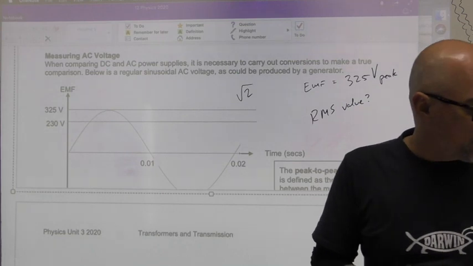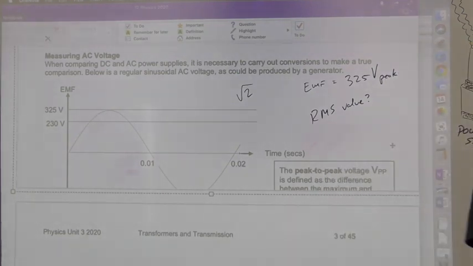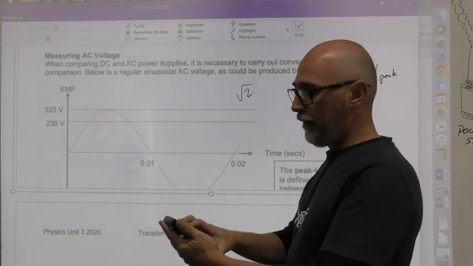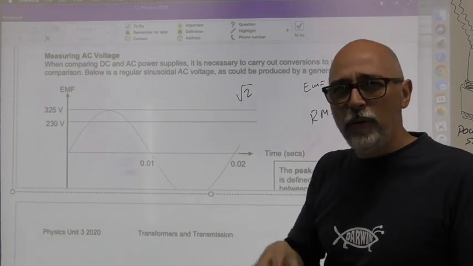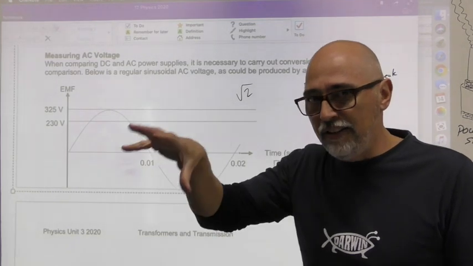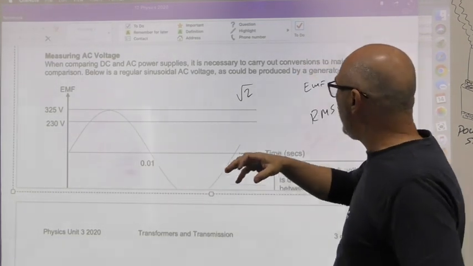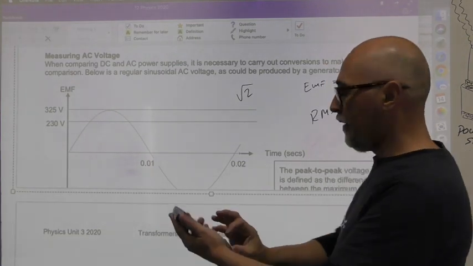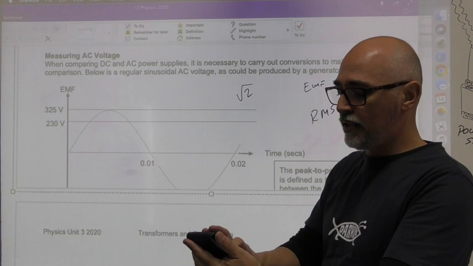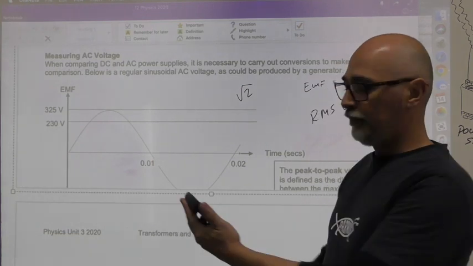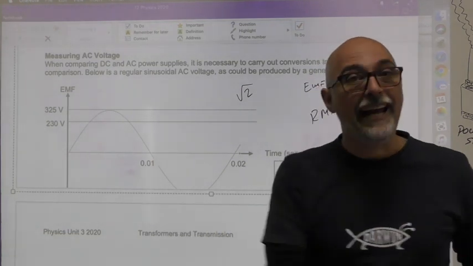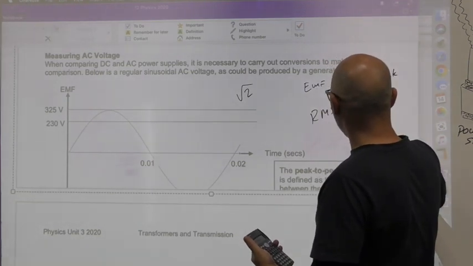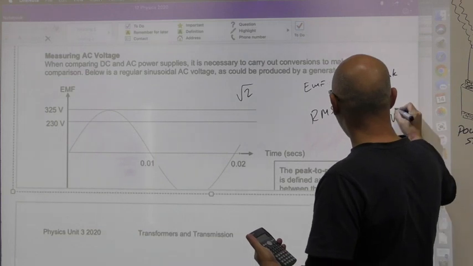Well, you grab a calculator and you take your 325, and you know that if 325 is your peak, it's the big value, obviously, okay? Which means your RMS value will always be lower, okay? So if I take my 325 and divide it by the square root of 2, I get 229.8, which rounds up nicely to 230 volts.